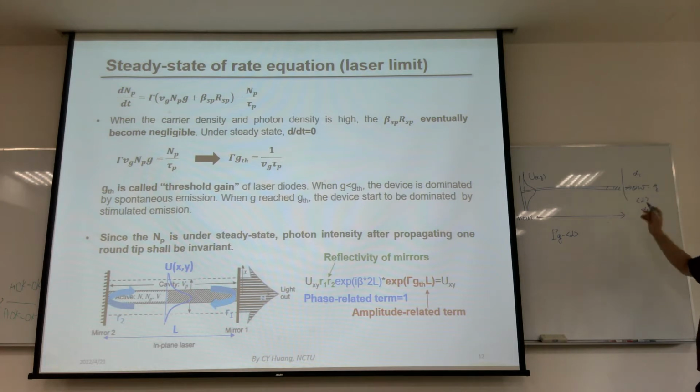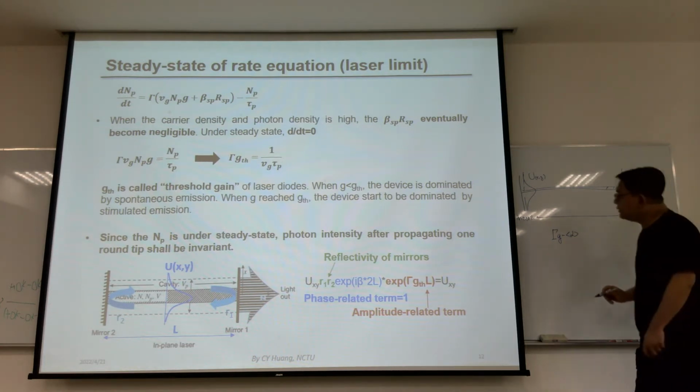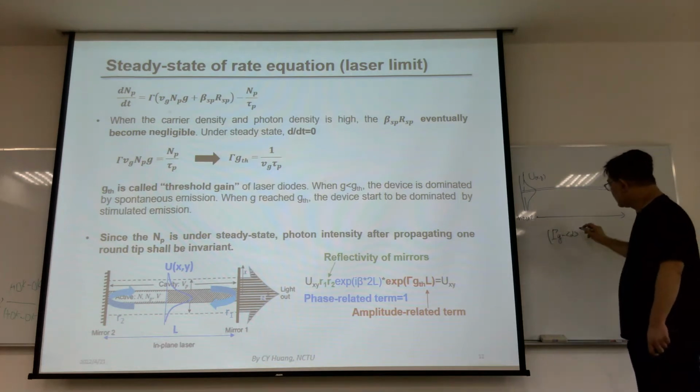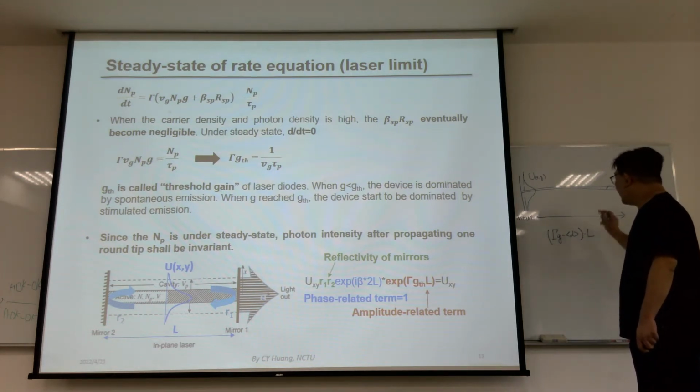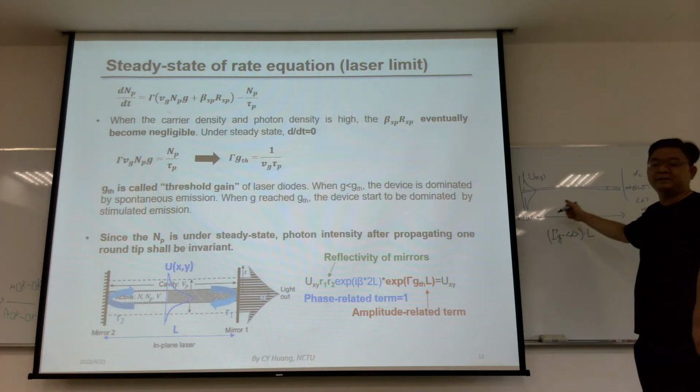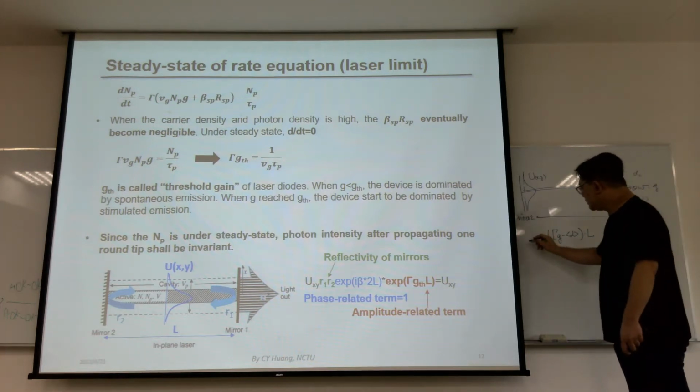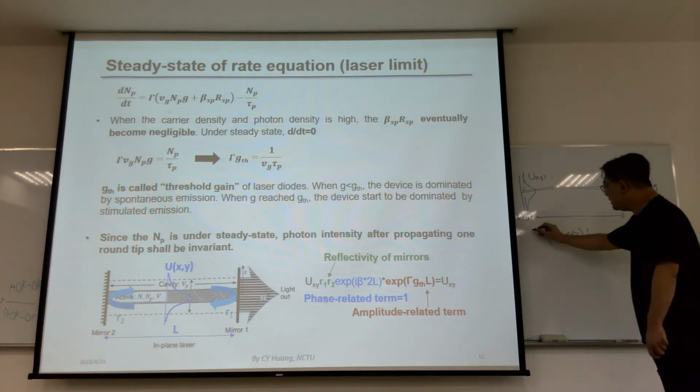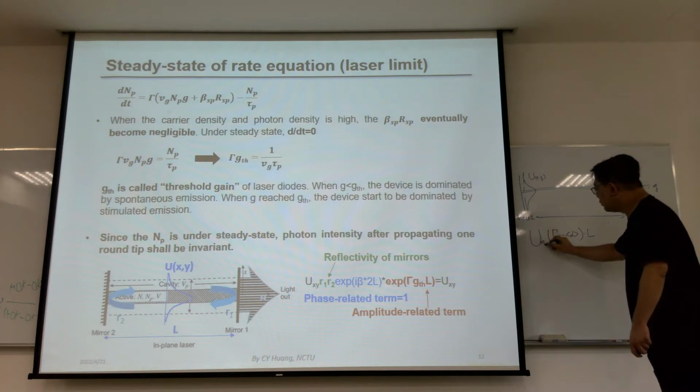So we need to make it net loss, times L, because it propagated L length, then it becomes U of x, y.